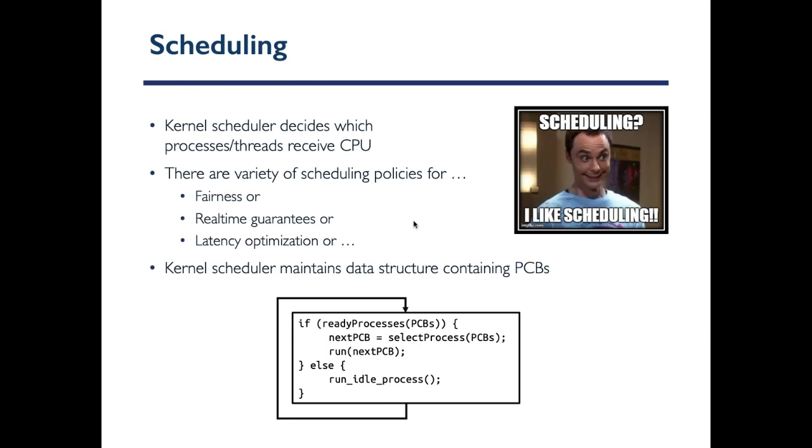If you don't have any PCB to run, you just idle. In modern hardware, you can actually put the processor to sleep, so you can make it as if it's off. It really consumes minimal energy and power.